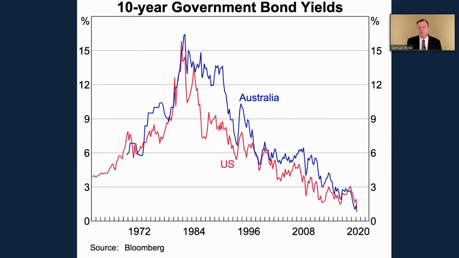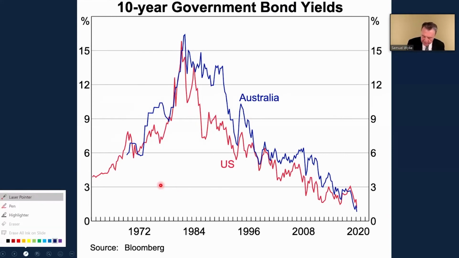And the only thing that stopped us plunging into outright deflation, as opposed to falling inflation, outright deflation, is more and more debt. Basically what is driving inflation and interest rates down here, and I should remind you that what we're actually looking at here, of course, is the yield on 10-year government bonds.